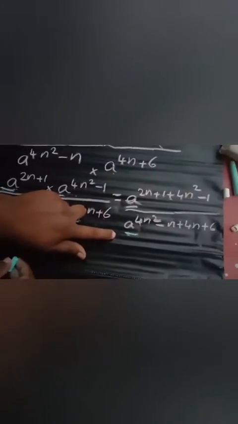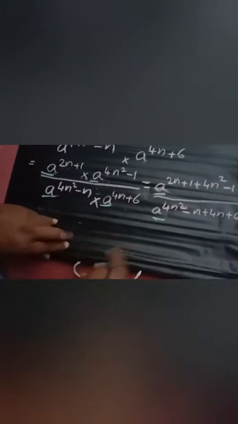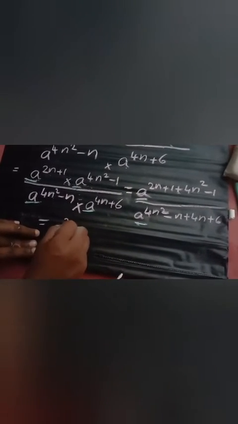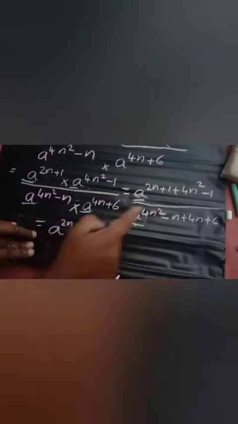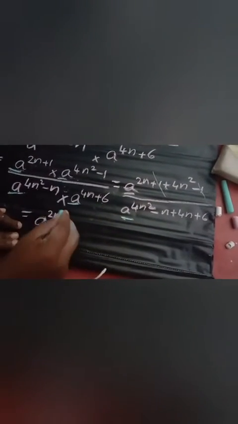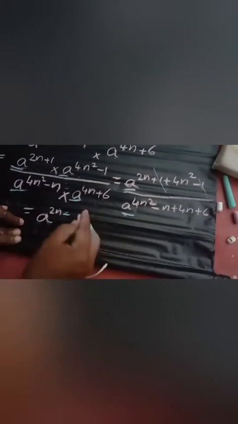So which is equal to, see here, a raised to 2n. Here cancellation is there, plus 1 minus 1 get cancelled. It will become 0. Remaining term 2n plus 4n square.